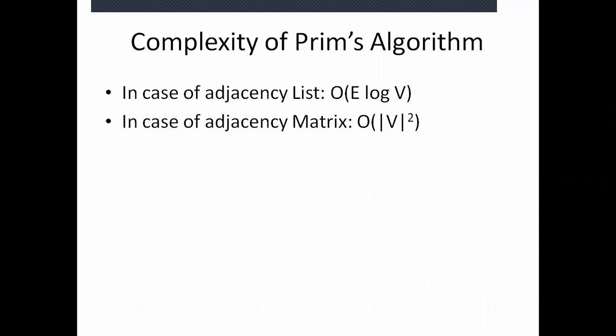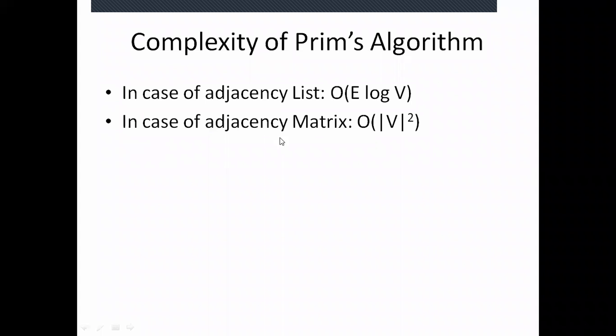And this is the complexity of Prim's algorithm. In case of adjacency list, if you are using an adjacency list to make a graph, then the complexity would be E log V, where E is the set of edges and V is the set of vertices.